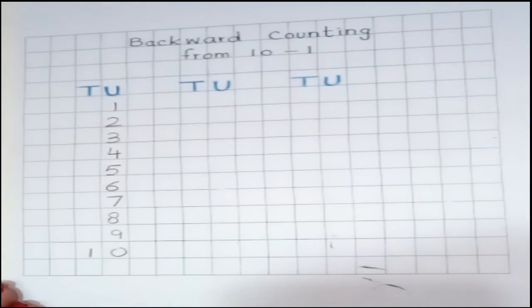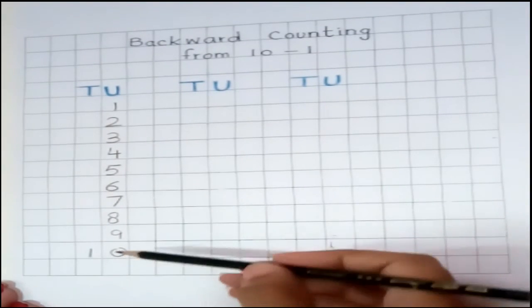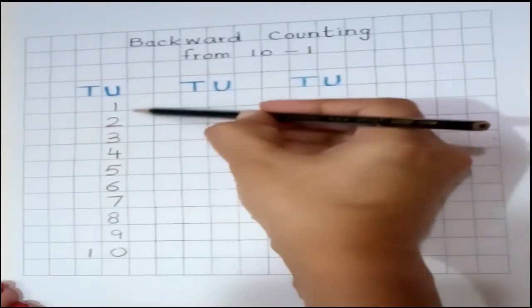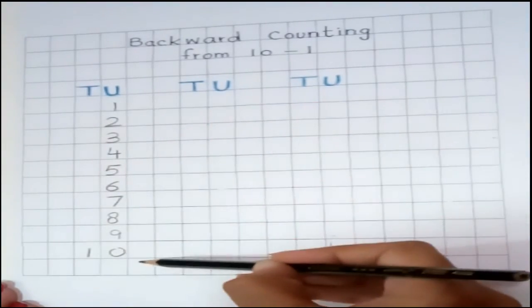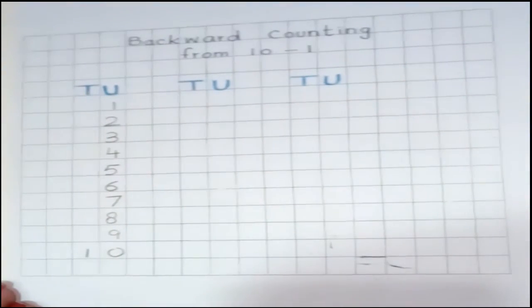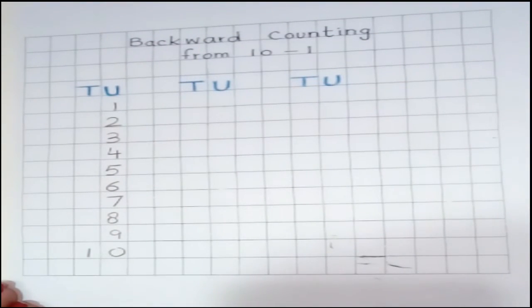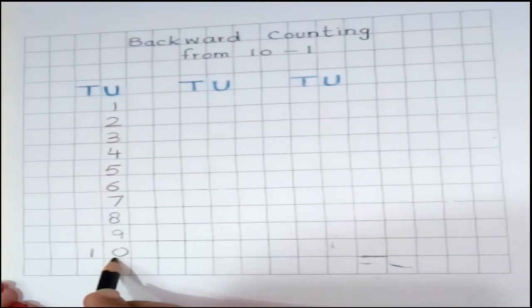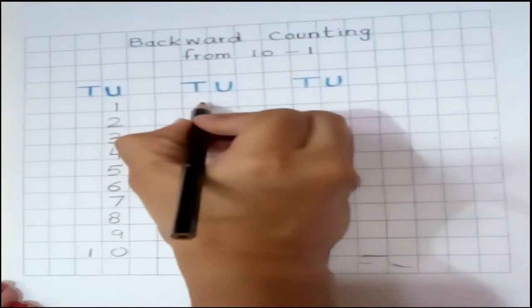Now we will go upward or in the opposite direction. While writing backward counting, the last number is 10. So we will write 10 here, okay.